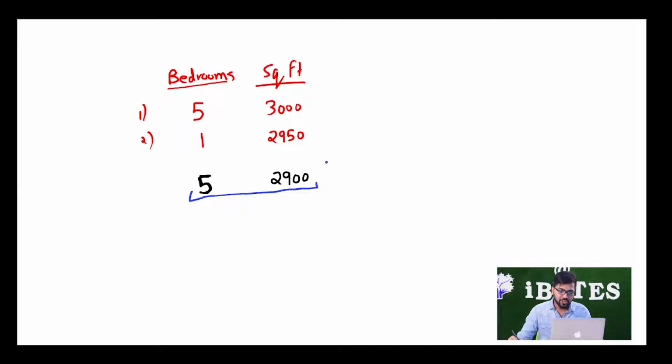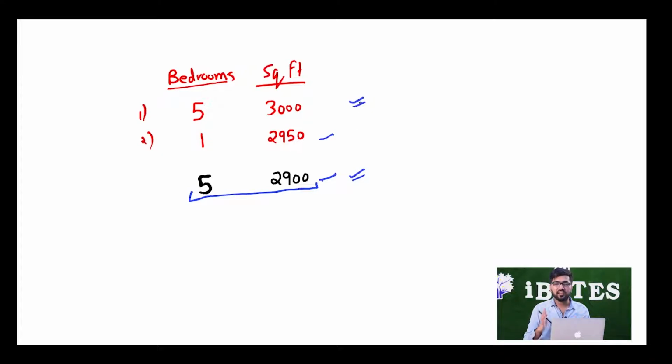My machine would say that this looks more similar to the second one rather than the first one. But very logically, we know that bedrooms is a feature that is generally going to have a very low value, like 2, 3, 5, 1, 4, and square feet is generally going to have a very high value. So basically square feet is again overpowering my bedroom feature.